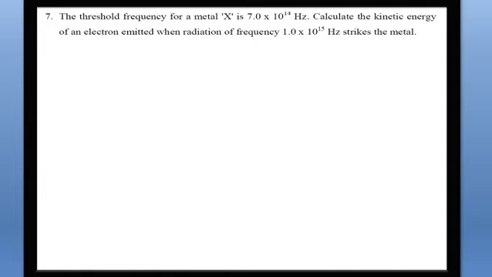They are saying the threshold frequency for a metal is given to be this much, and we are supposed to find the kinetic energy of an electron emitted when radiation of this frequency strikes. From Einstein's photoelectric equation, kinetic energy is equal to the total incident energy minus the work function, that is h nu minus h nu naught.